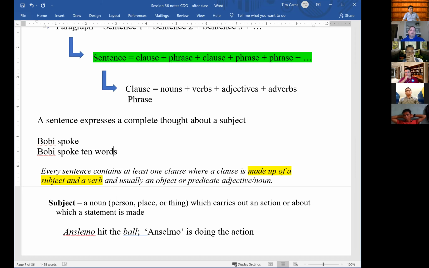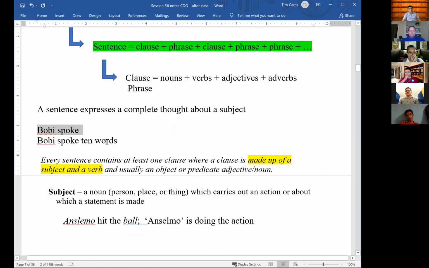Now I have an object, the words. But I can express a complete thought with just a noun and a verb at times. Usually you'll find an object, but not always, or a predicate adjective or noun.